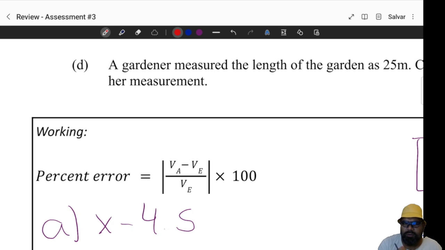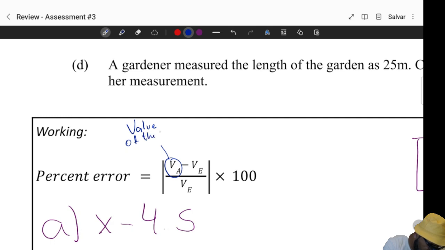What does VA stand for in IB? Guys, VA in IB means the value of the answer, like the wrong answer, not the correct one. As I told you guys, this is the value we guess. This is the value incorrect.